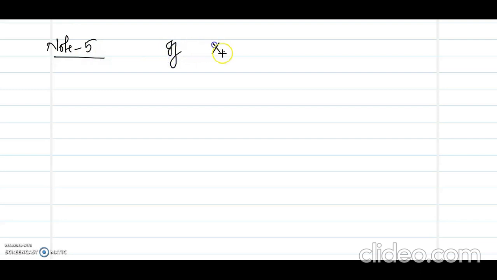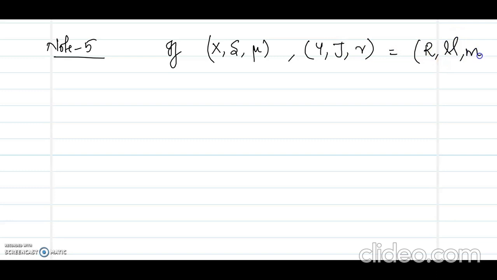So if x script is mu and y script j r, so if this is equal to the measure space r script m and the Lebesgue measure. So this is the set of all real numbers. So script m is the collection of all measurable subsets of r and m is the Lebesgue measure. So if the measure space is the usual real numbers, in the integrals we use dx and dy.